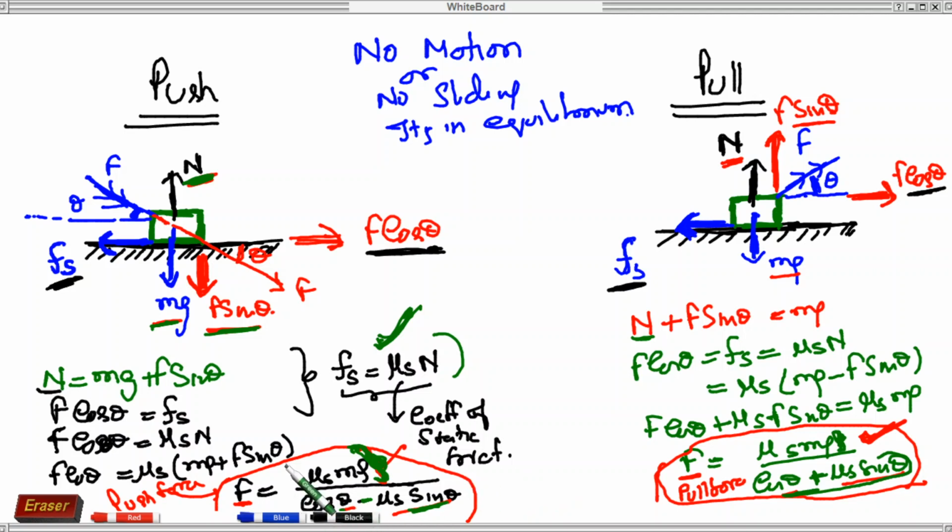Think on your own. Here you have to apply more push force in comparison to less pull force, because here we have the minus sign, so this lower part will be less, and here the lower part will be more. When the lower part is more, the force will be less. So you have to apply much more force while pushing in comparison to pulling.